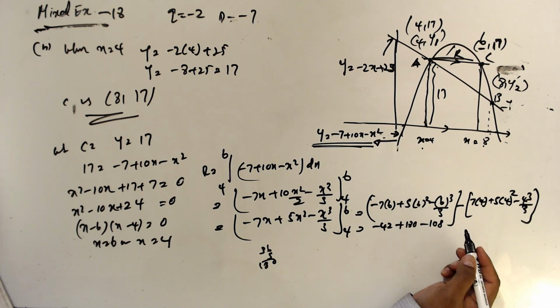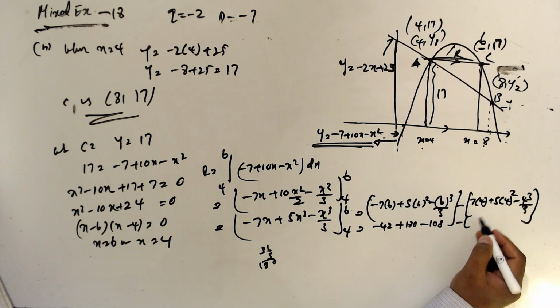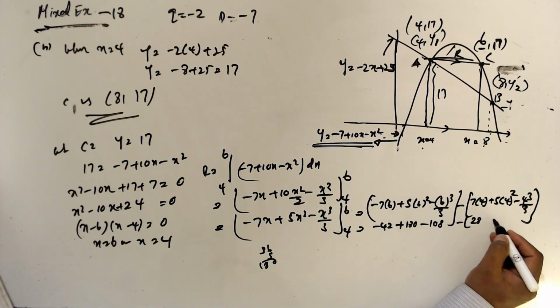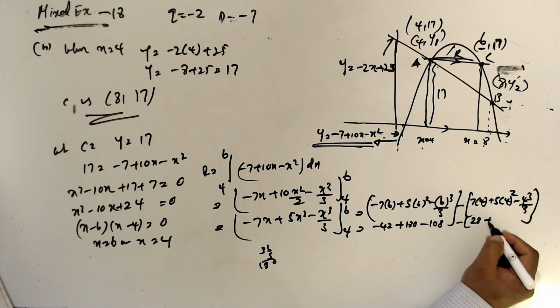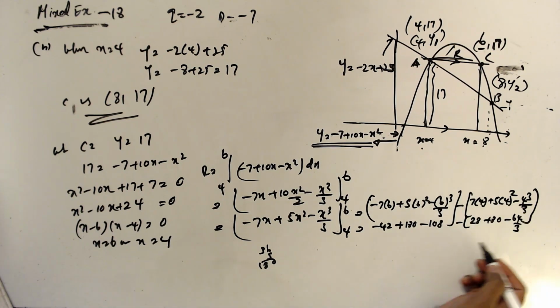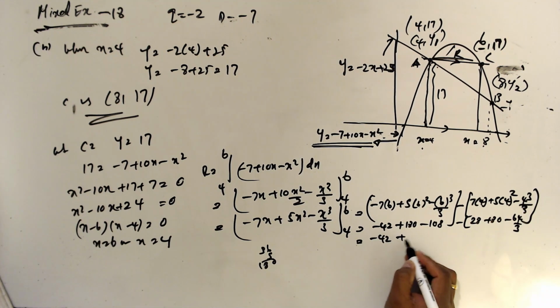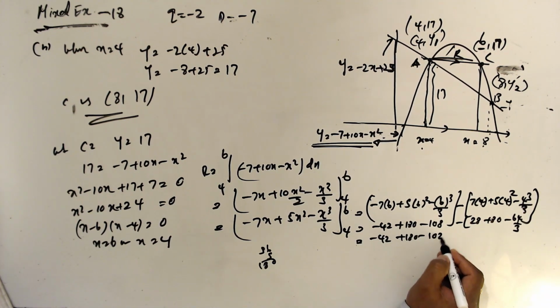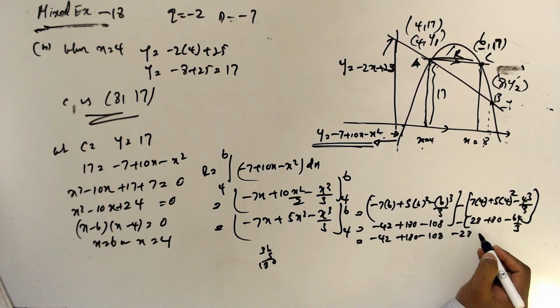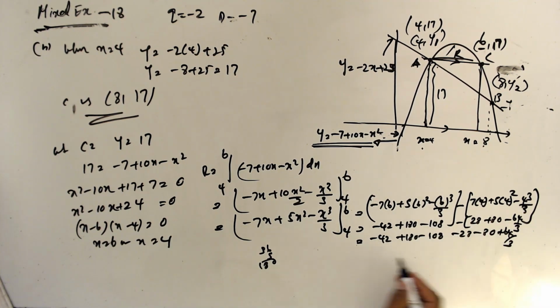We had this one earlier. And this one is going to be 28, 80, and 64 over 3. Minus 42 plus 180 minus 72, minus 28, minus 80 plus 64 over 3.